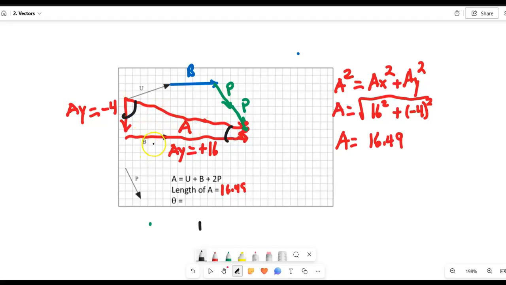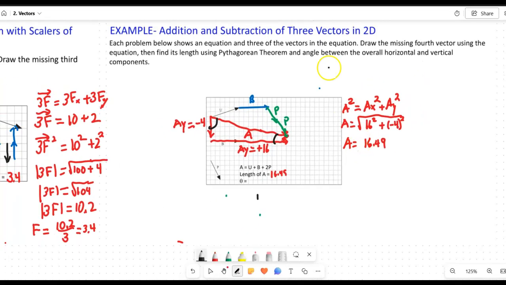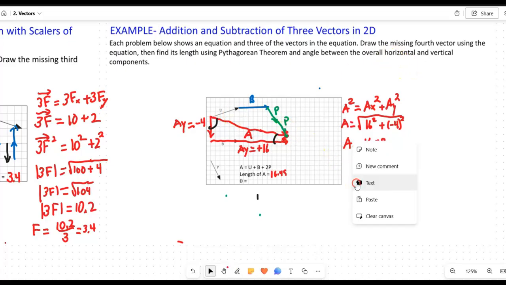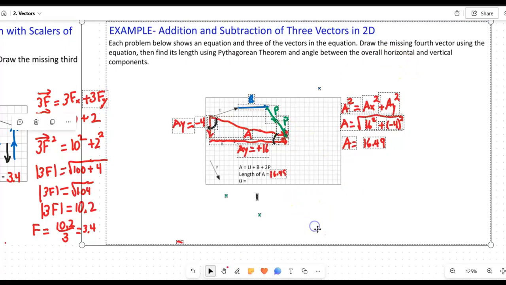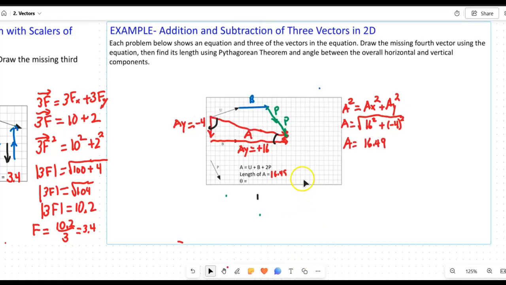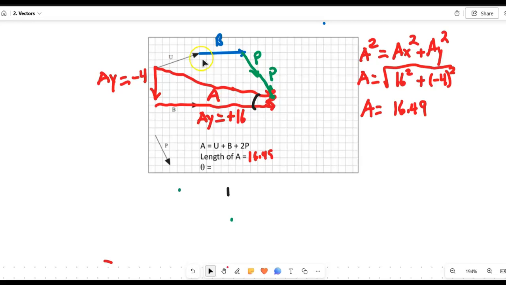Since they're asking for the resultant theta, they want it between the horizontal and the vertical. So I think they're asking for this. So the answer could be either one of these. So we'll call this theta 1 or theta 2. It doesn't matter, but the angle is not going to be 90 degrees. It's going to be one of these two things.